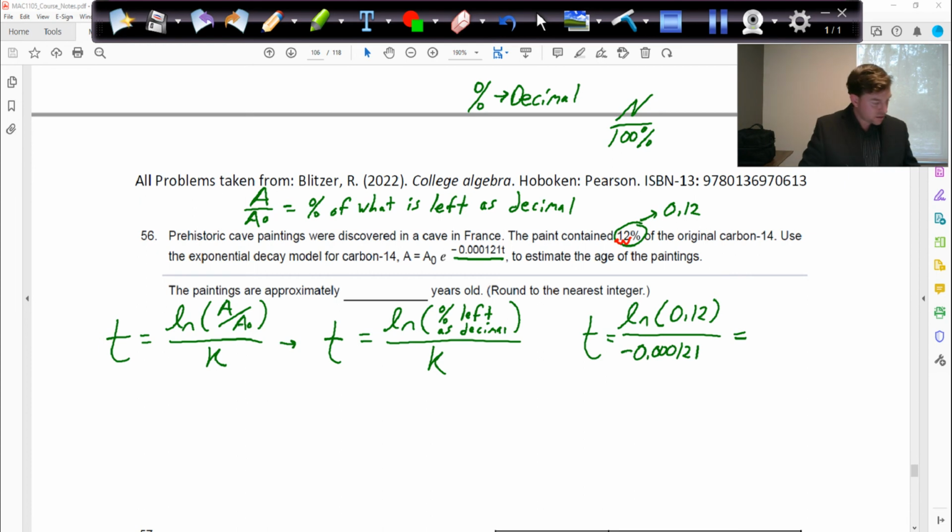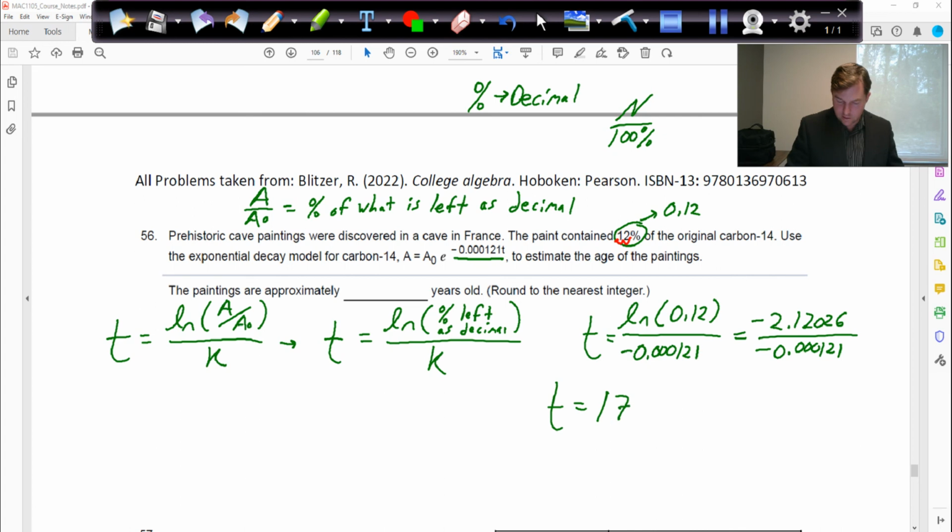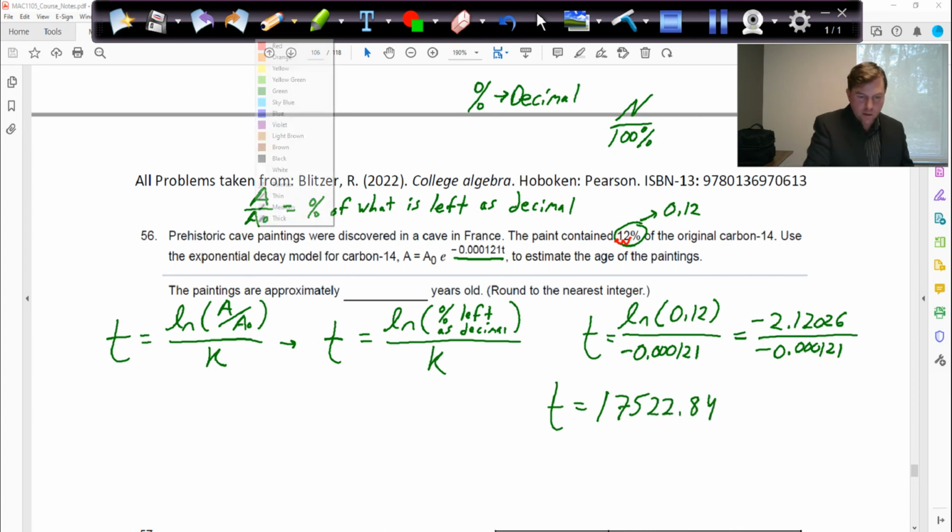And if you do this, you should get, on top, negative 2.12026. On the bottom, this small number, 0.000121. And then you divide those two numbers, you should get 17,522.84. And they want us to round to the nearest integer.